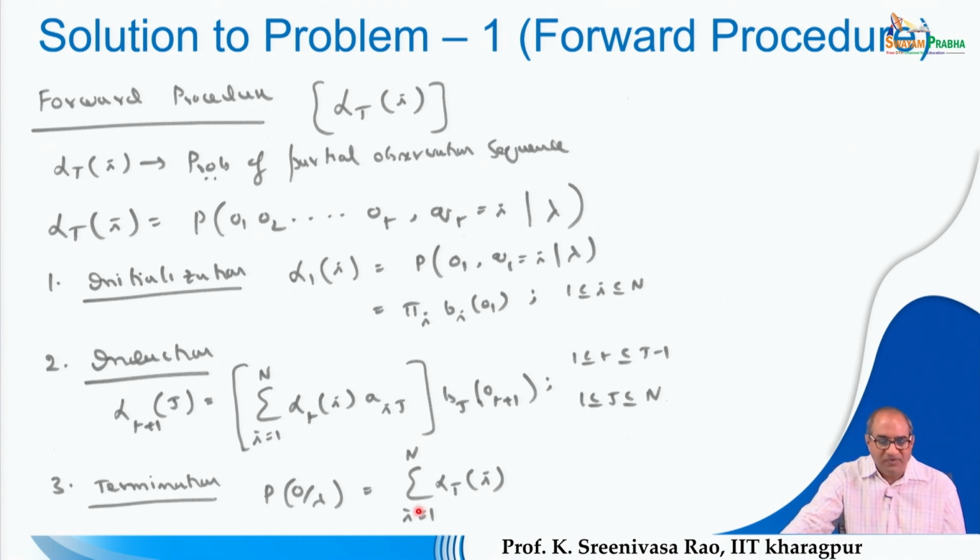If you sum up all these probabilities, that gives you P of O given lambda, which is the desired quantity. This way, by using the forward variable, you can estimate P of O given lambda.